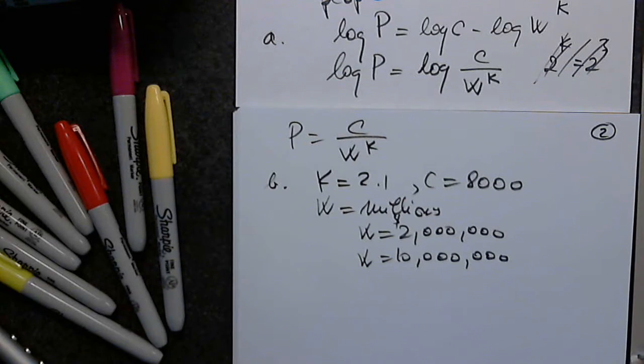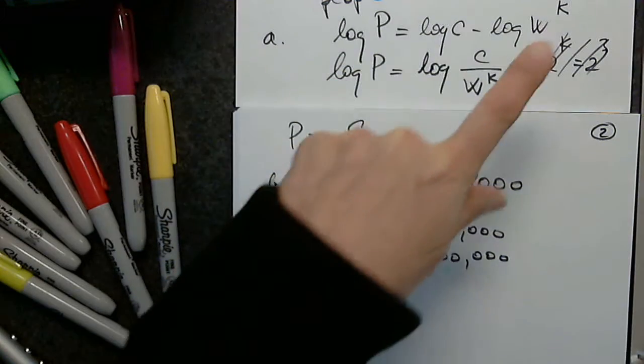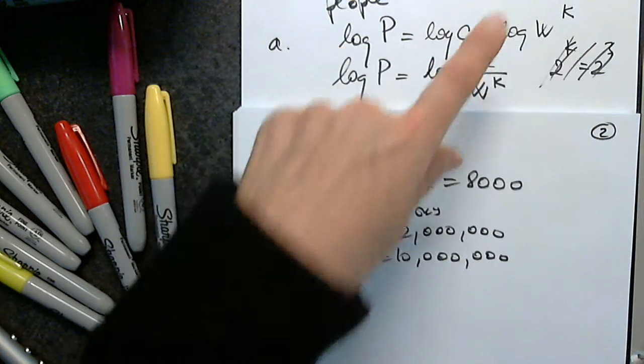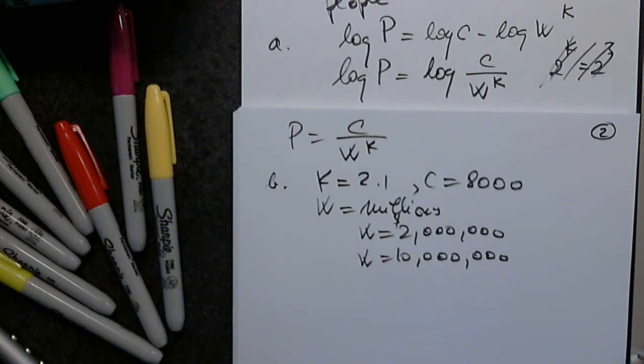Now I have to look carefully, where did this say? Okay, it doesn't say that it has to be in millions. So I have to put 2 million then. And press enter. And 10 million.